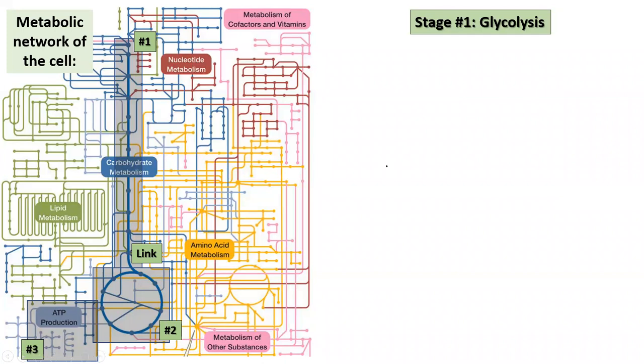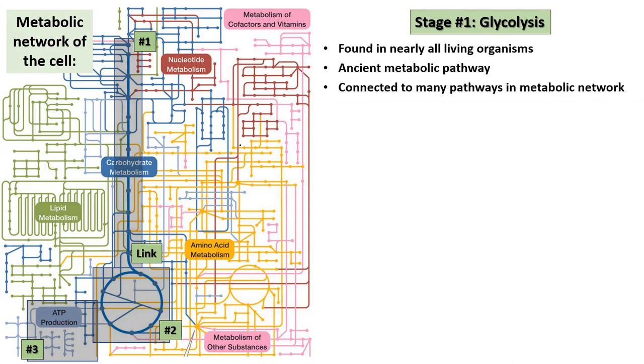Now we're going to be able to discuss those stages in a little bit more detail. As mentioned before, glycolysis is a metabolic pathway. It's a series of chemical reactions, 10 chemical reactions, and it's a very ancient pathway. It's found in nearly all living organisms.